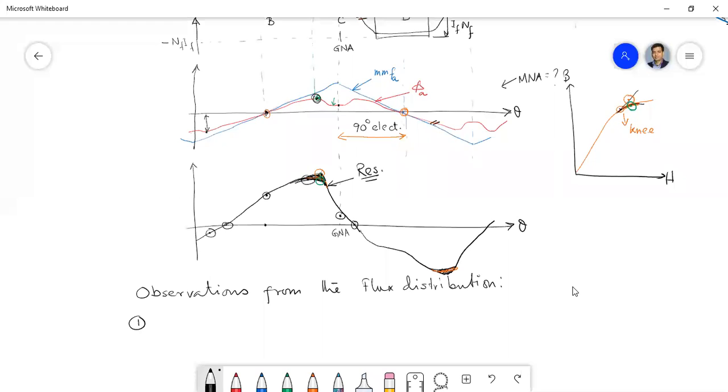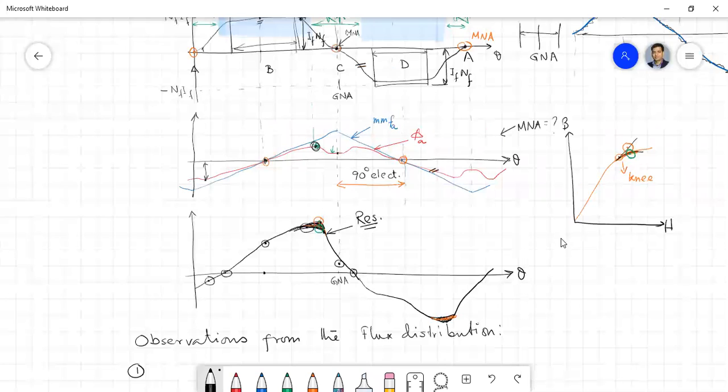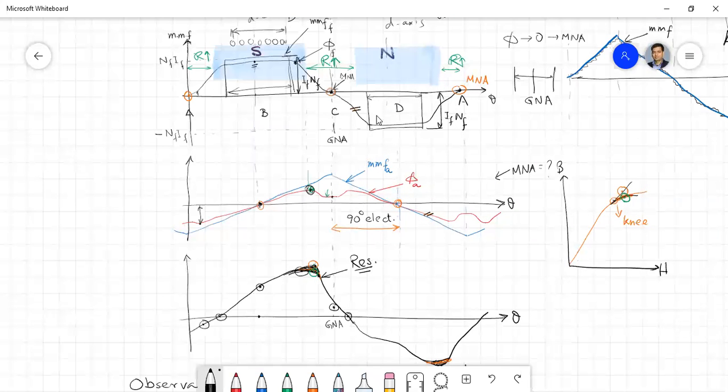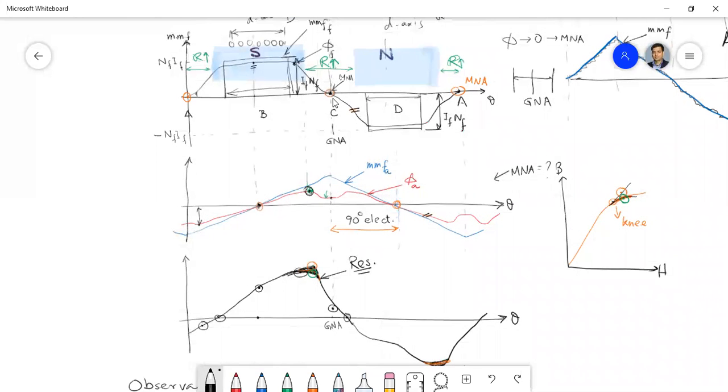No. Now if we see the actual field winding flux distribution, it is very much symmetric in nature. If we look back, this flux distribution in no load condition was very much symmetric, though it is not sinusoidal, but it is symmetric with respect to the different axes and pole.